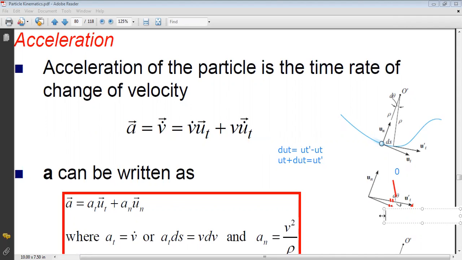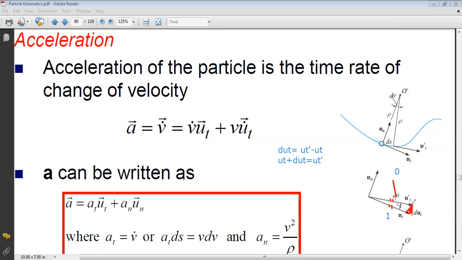So here the magnitude is 1, and you can say that dut is equal to the length of this arc of circle, because we have a very small displacement.